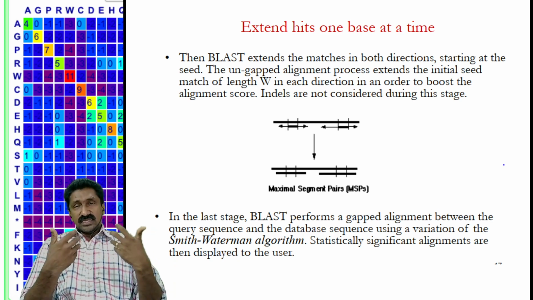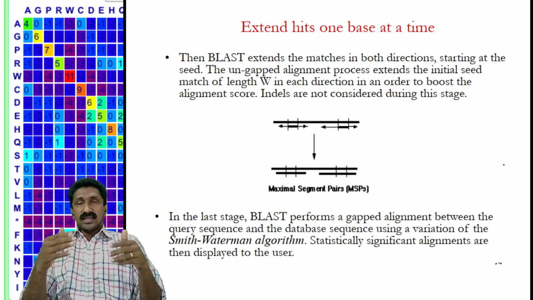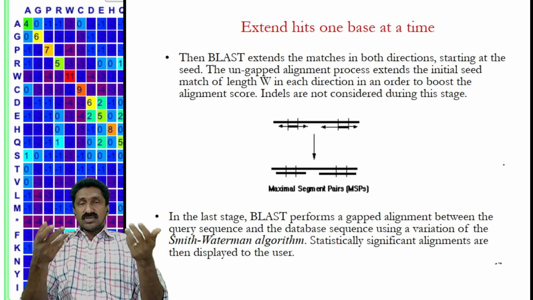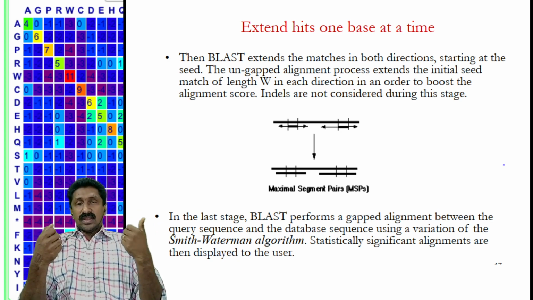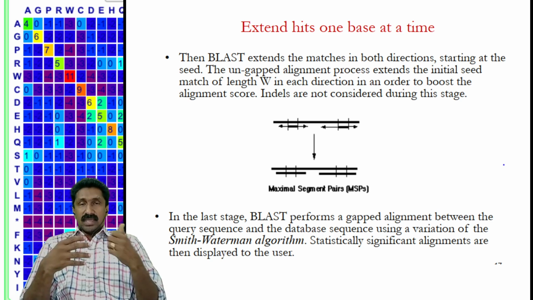So at each step of extension on both sides, the alignment score will be calculated, and the high scoring alignments will be selected. So we will have some maximal segment pairs and high scoring segment pairs where the alignment score is maximum.